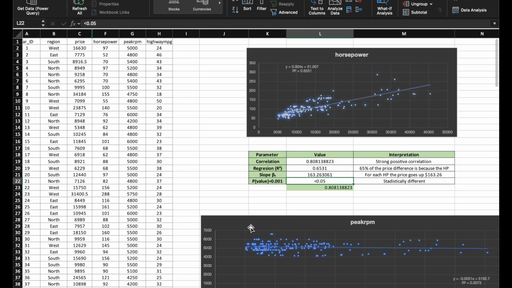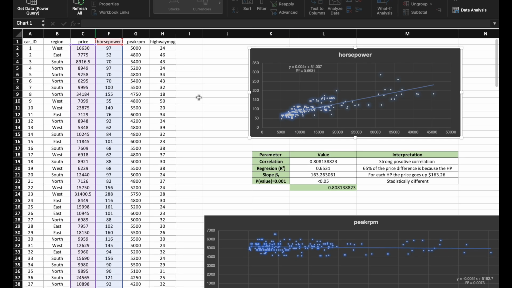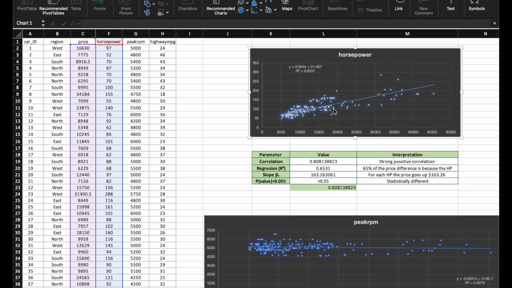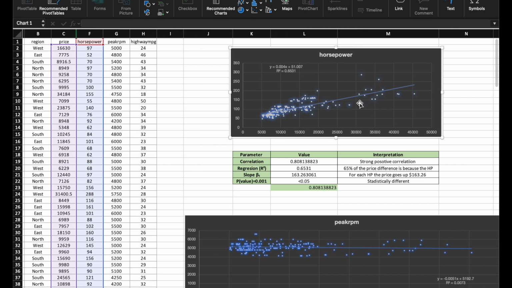And then question number 3: we compare two models and find out which is a better predictor of price, horsepower or peak RPM. To do this, first of all we need to make a scatter plot. To do a scatter plot, we select horsepower and price, and then we go to insert and choose a scatter plot. So this is the result.